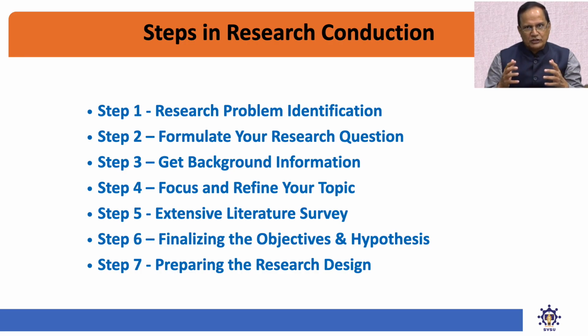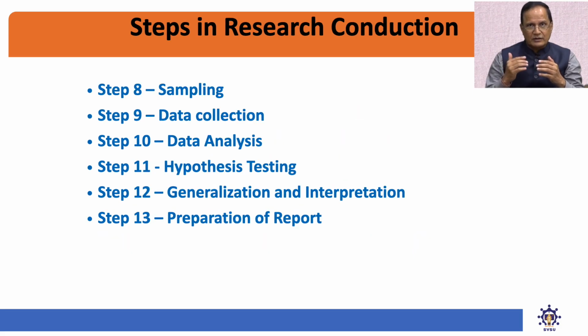Then we will go for the extensive literature survey, and then we will finalize the objective and hypothesis, and then we will prepare the research methodology, which will include the research design, survey methodology, the method of data collection, and then the statistical tools used, and lastly we will go for developing the findings, and once the findings are available, the literature survey will again support us for validation, and this is the complete process of literature review and conduction of research.